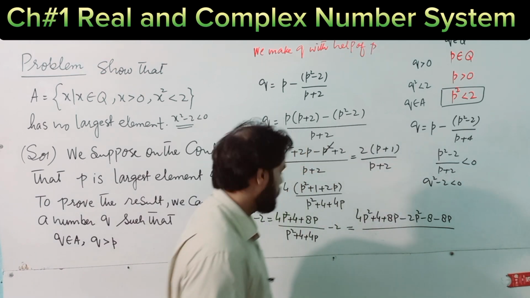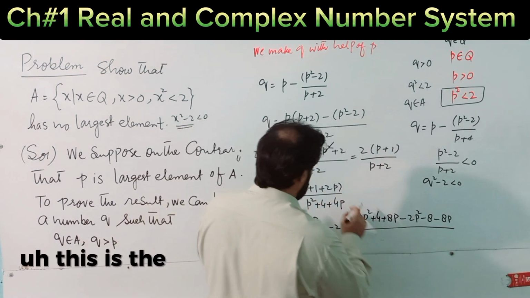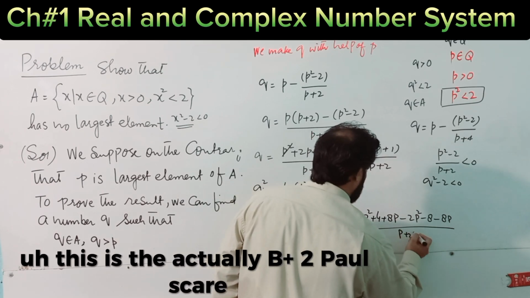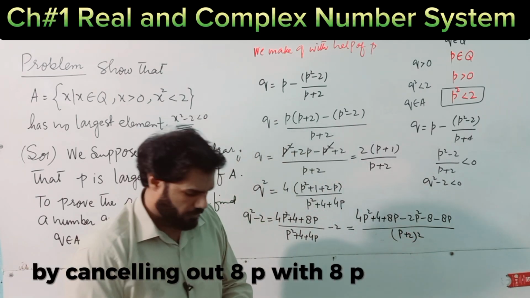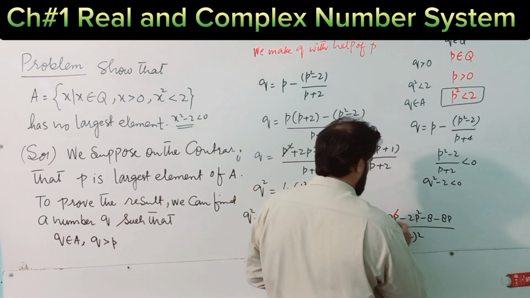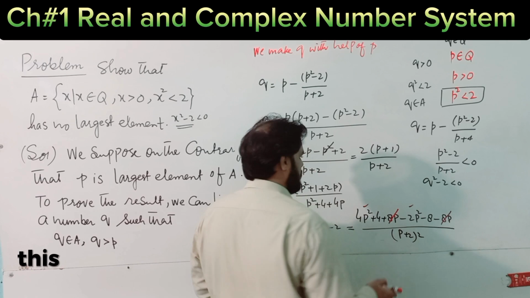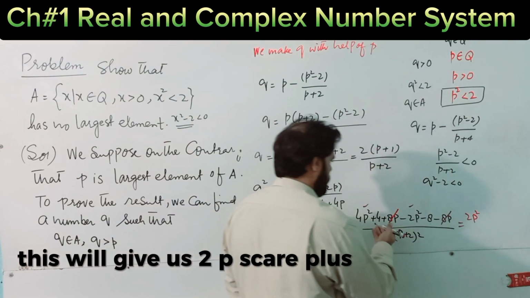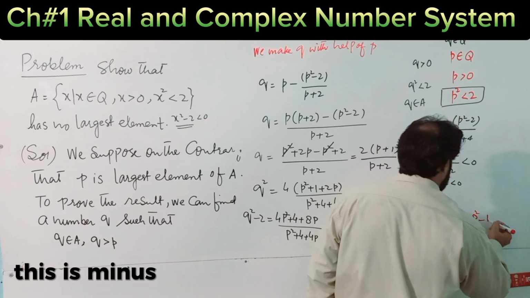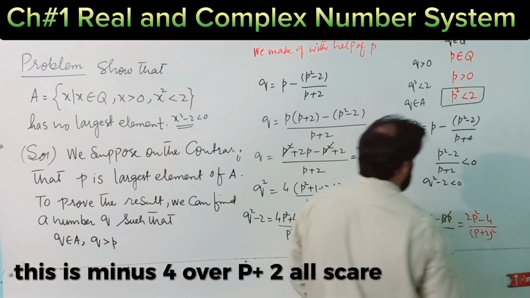over, we can write it as, this is actually p plus 2 whole square. By cancelling out 8p with 8p, and from 4p square minus 2p square, this will give us 2p square plus 4 minus 8, this is minus 4, over p plus 2 whole square.